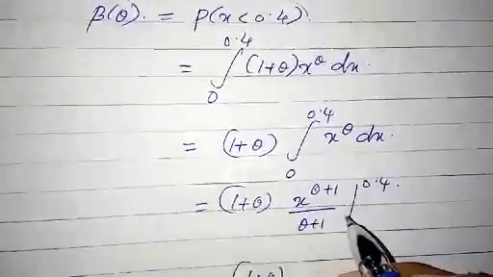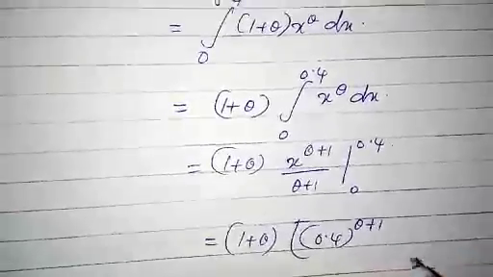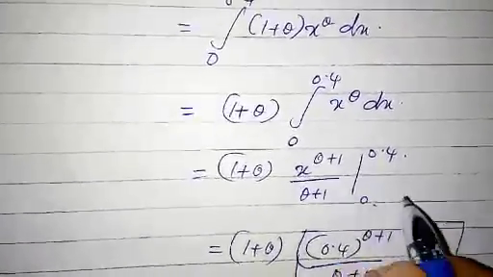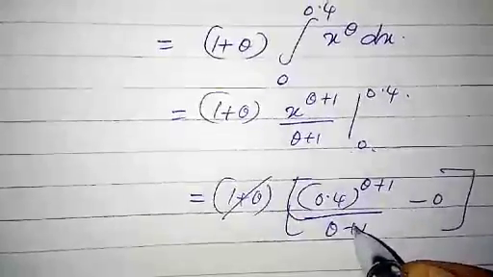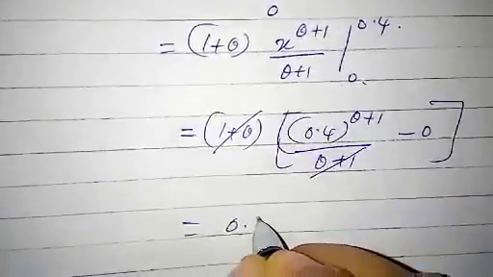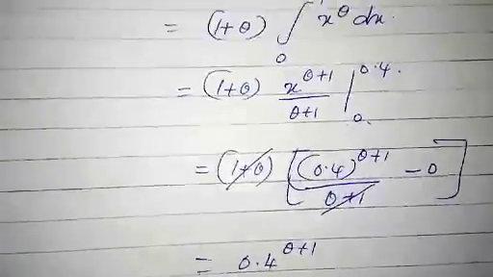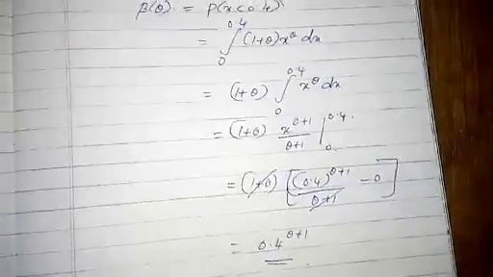Substituting x, we get 0.4 to the power theta plus 1 divided by theta plus 1, minus 0, since substituting x equal to 0 gives 0. Then 1 plus theta gets cancelled, and we get 0.4 to the power theta plus 1.